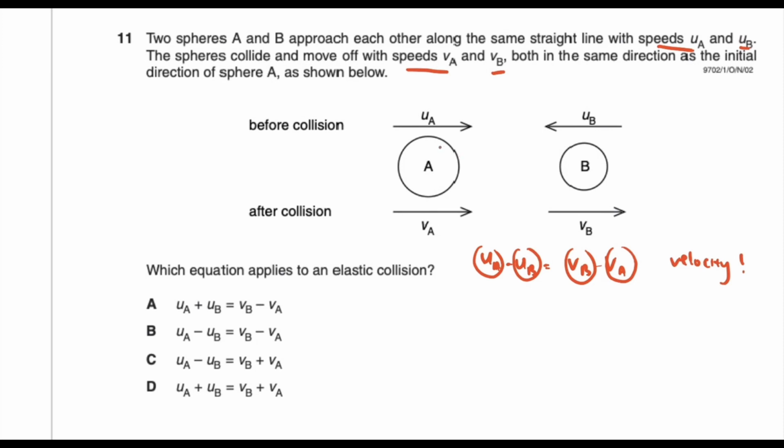For example, UA positive, UB, you have to put negative on your own. VB positive, VA positive. So at the end, you can get trapped because of that. At the end, it has to be that, and the answer is A. So this is tricky.